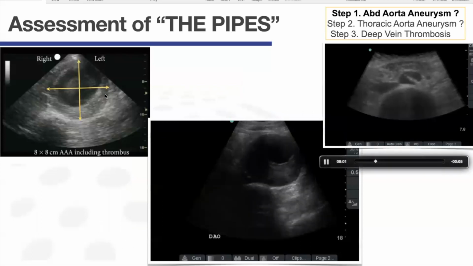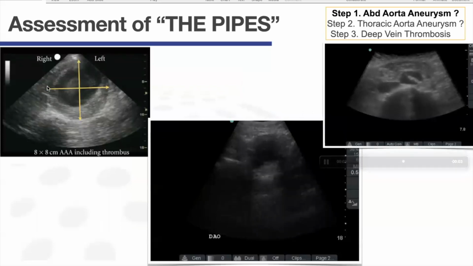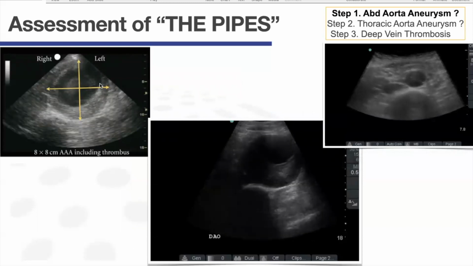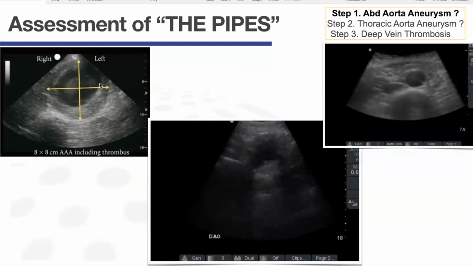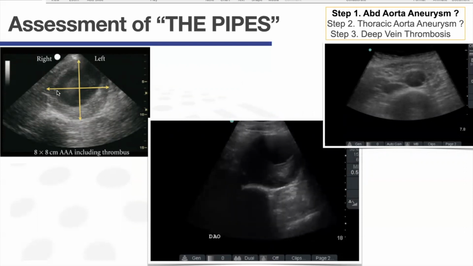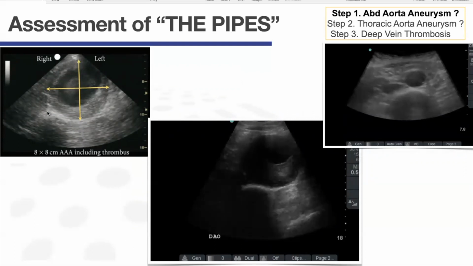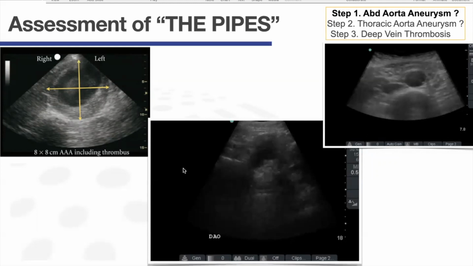So this shows an abdominal ultrasound of the abdominal aorta, and you can see that there's an enlarged abdominal aorta with the presence of thrombus inside, measuring about 8 by 8 centimeters.